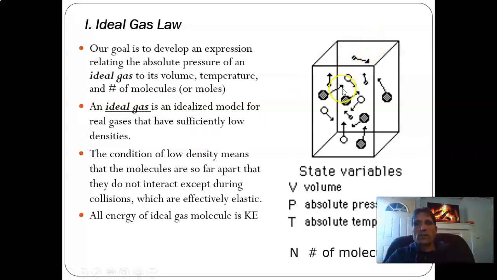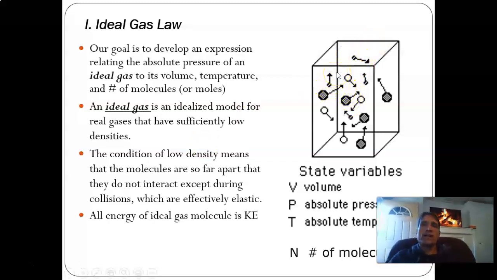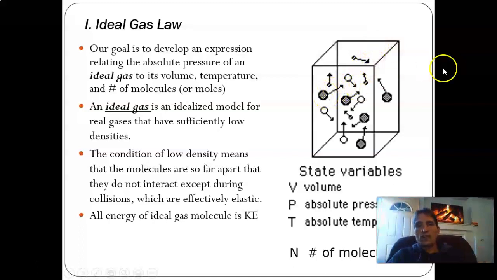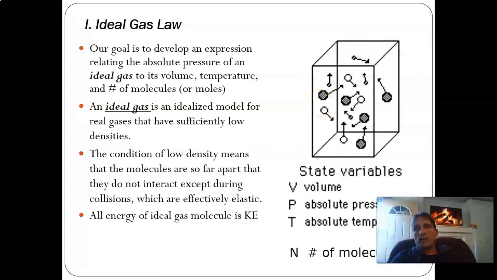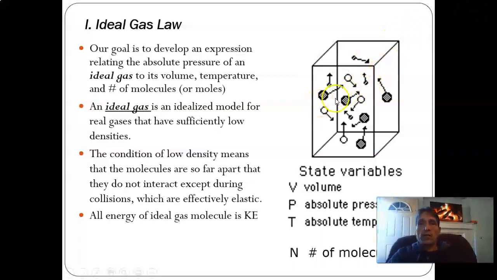They're basically just a bunch of balls bouncing around the container with very little interaction between them. And if there's very little interaction and the gases are very light, so the gravitational potential energy is small, basically for an ideal gas all of the molecules' energy is kinetic energy. There's no potential energy. And so the faster the molecules are moving at higher temperatures, the more kinetic energy they have.